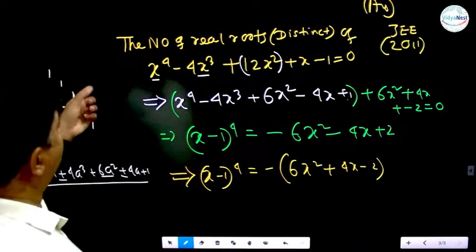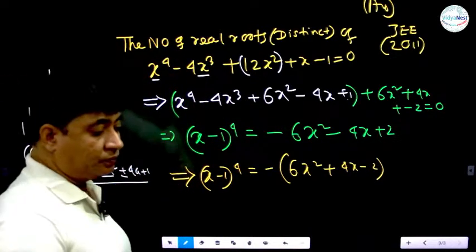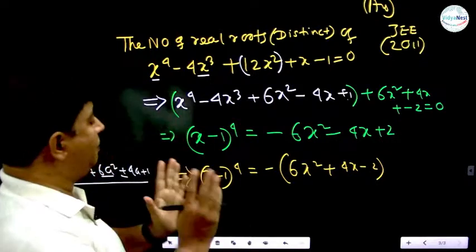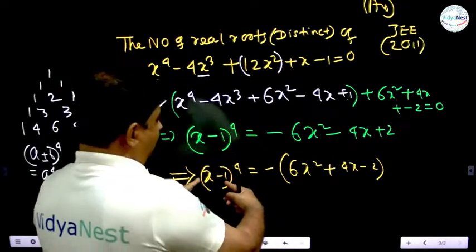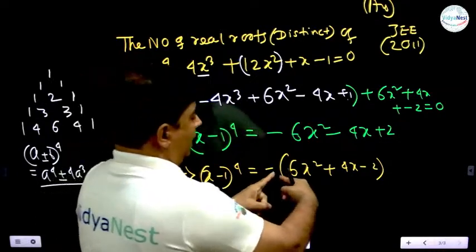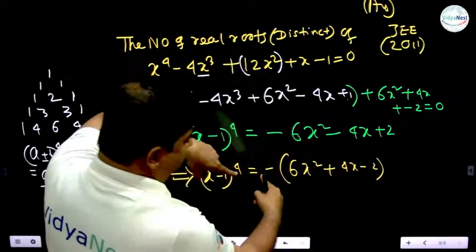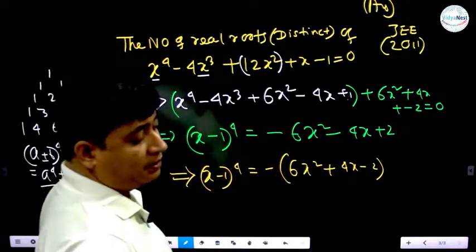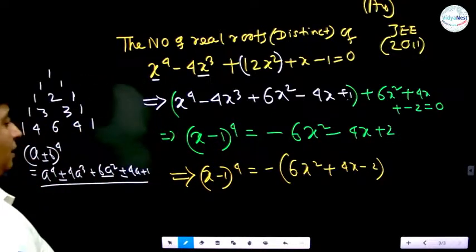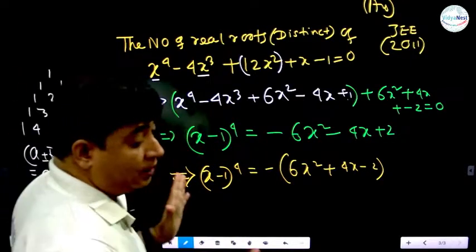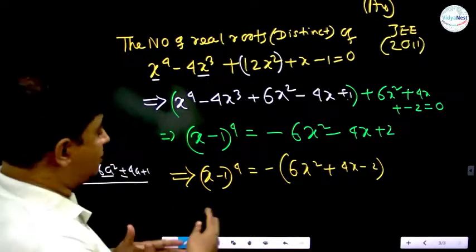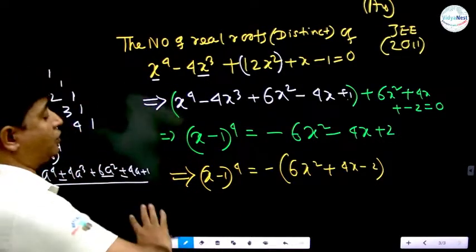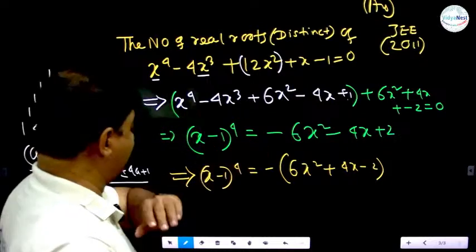Now we are told to find the number of real roots. We are able to separate a quadratic and a biquadratic. The biquadratic is left in the left hand side, and the quadratic with minus 6 coefficient is kept in the right hand side. Now how to proceed? We will draw the figure, because here there is no such method of solving it with conventional expansion.